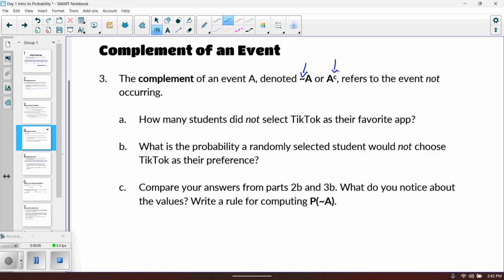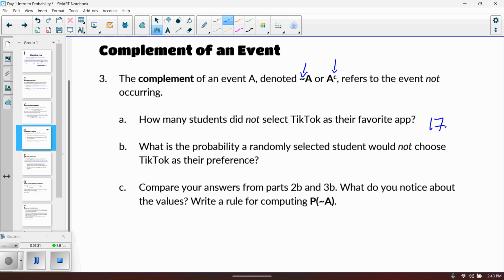So the idea is, if we know how many people selected TikTok, we're going to look for how many people were left over in the entire thing, or how many people did not select TikTok. So that's everybody that's left. Well, there were 31 people, and if 14 people selected TikTok, that means that 17 did not select TikTok.